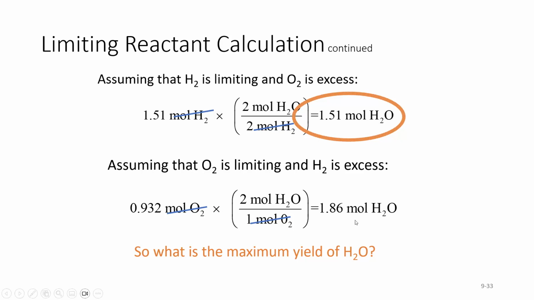Even though we can produce 1.86 moles with 0.932 moles of oxygen, we can't because we end up running out of hydrogen. So we can only produce 1.51 moles of H2O. This is our maximum theoretical yield.